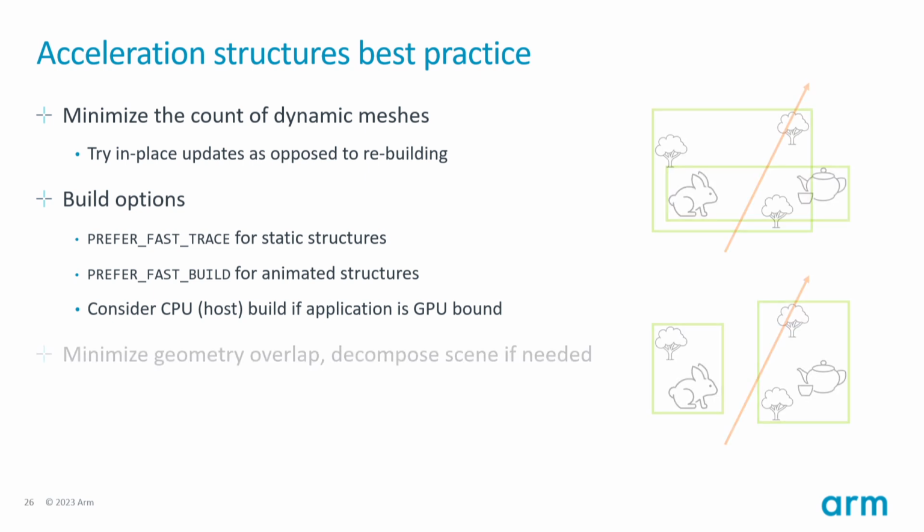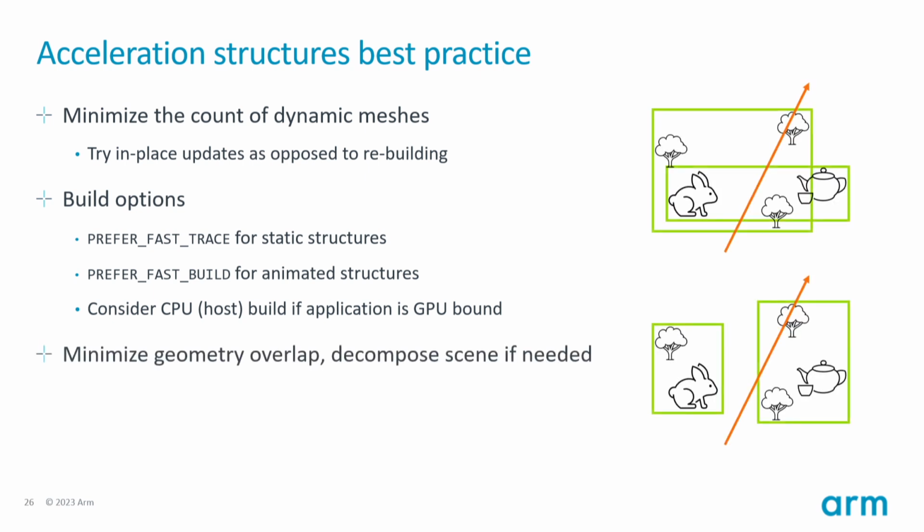And finally, you should double check your bottom-level structure for less overlap. In this simple example, notice how the way we group the geometry affects the number of boxes intersected by the ray. In the top case, we have an overlapping structure, so they are both intersected, and we need to iterate through all the geometries.